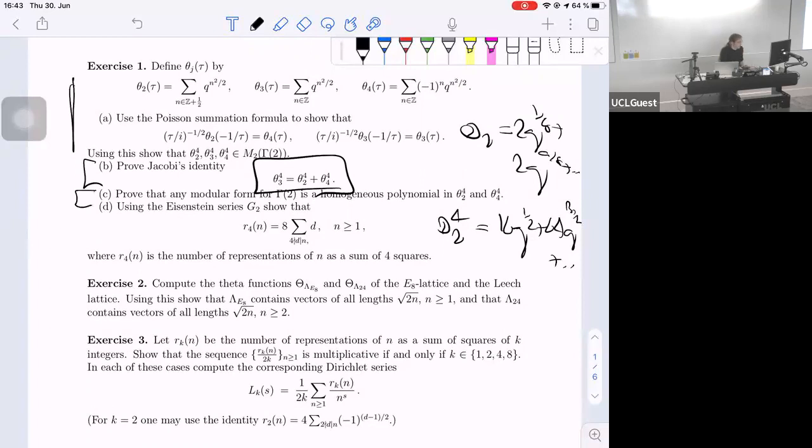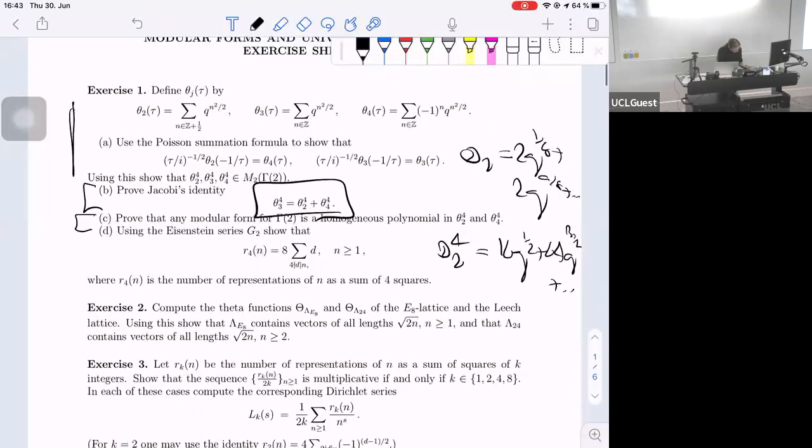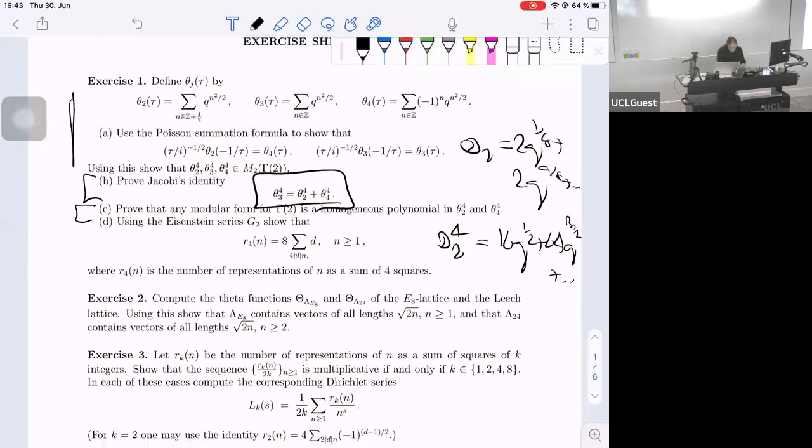And then maybe we take a brief look at the idea for part C. I can maybe leave some bits of that as an exercise for you.